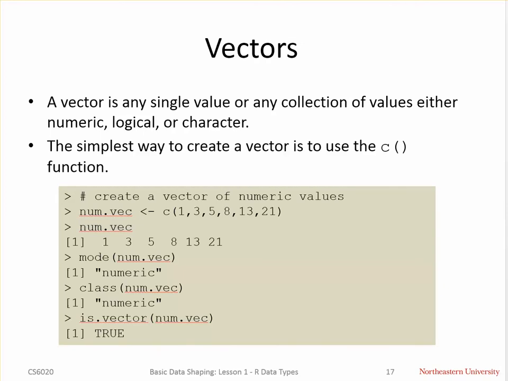The mode of it, of course, is numeric. The class also is numeric. And if you look at whether it's a vector or not, if I say is.vector(num.vec), I get back, of course, TRUE. So that is one way I can inspect whether an object is a vector and may be usable in an environment where you expect a vector as input, let's say to a function.